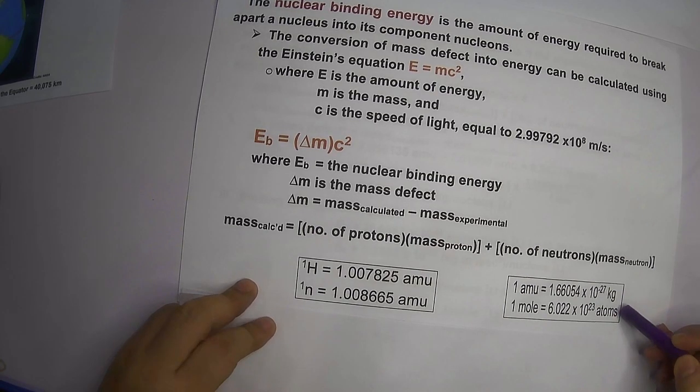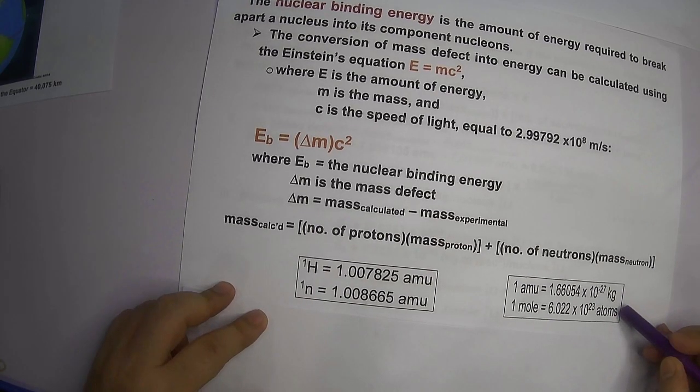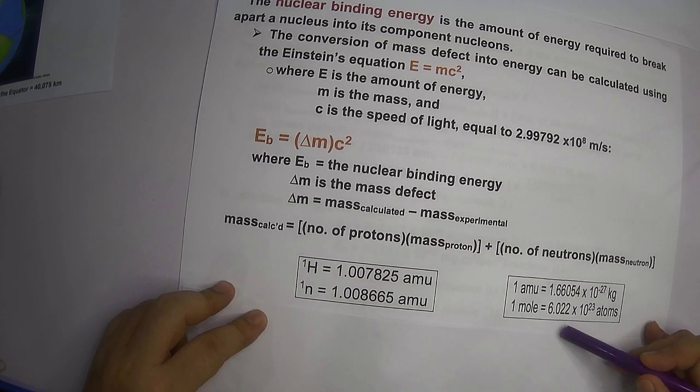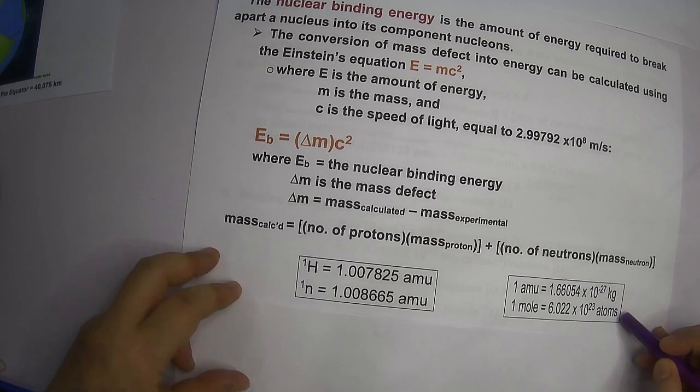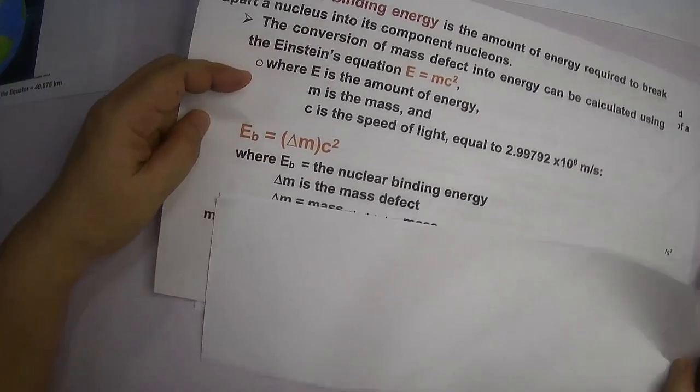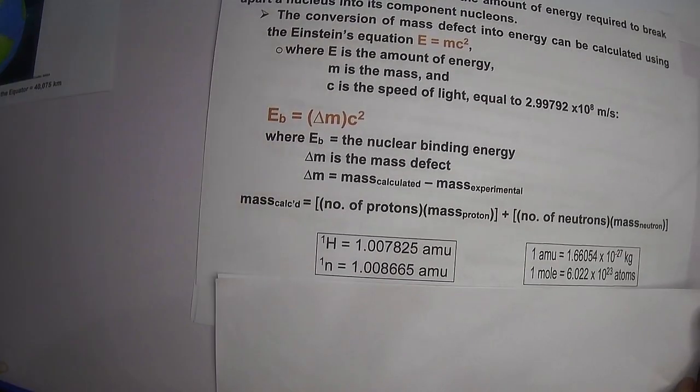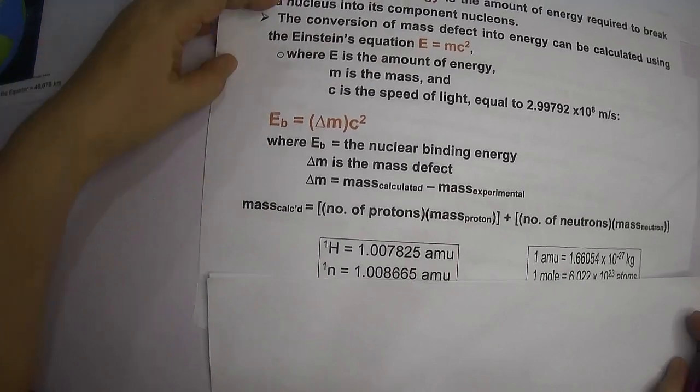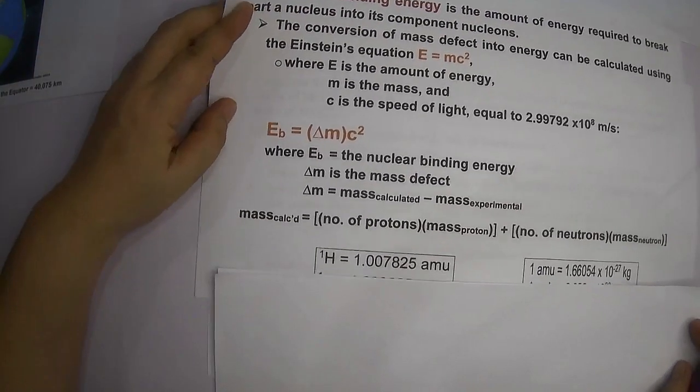And from Avogadro's number, from your general chemistry, a mole of a substance is equal to 6.022 times 10 to the 23rd atoms or particles per mole. So let us have an example on how to compute the binding energy of a nucleus.